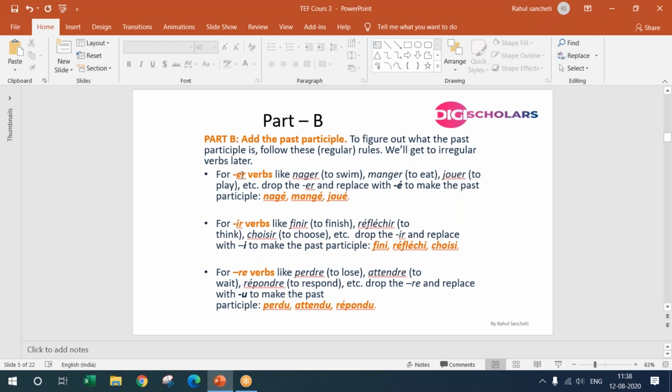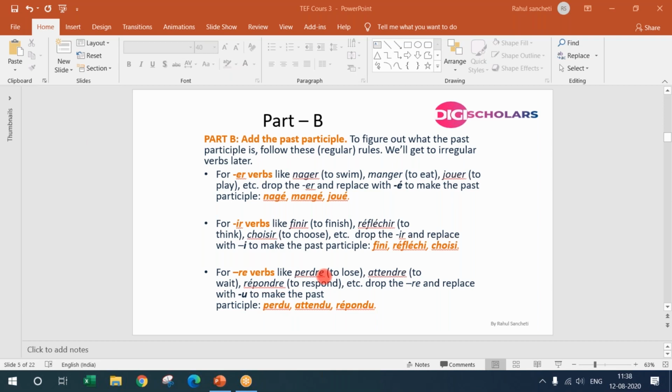As I've already told, for all er ending verbs, it is just the é with an accent, and for all ir ending verbs, just remove the r. And for all re ending verbs, you remove re and place a u.